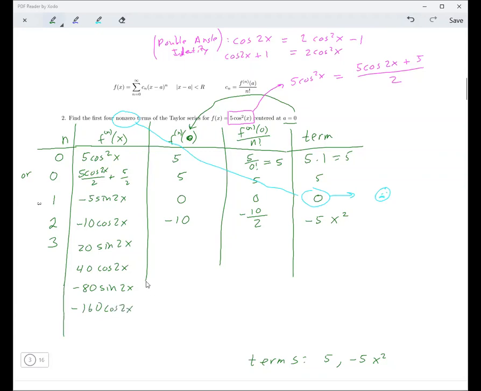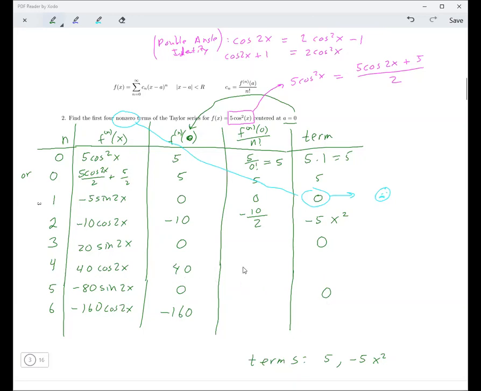Okay, so I just did a few derivatives here. And when you plug 0 in here, that's going to be 0. This is going to be 40. This is 0, and this is negative 160. So unfortunately, those are going to be 0, so boo, they don't count.